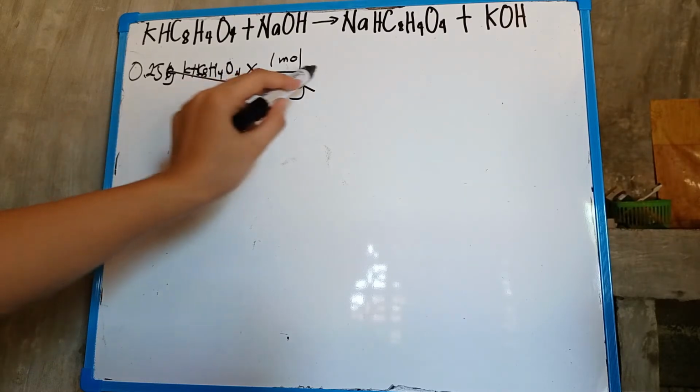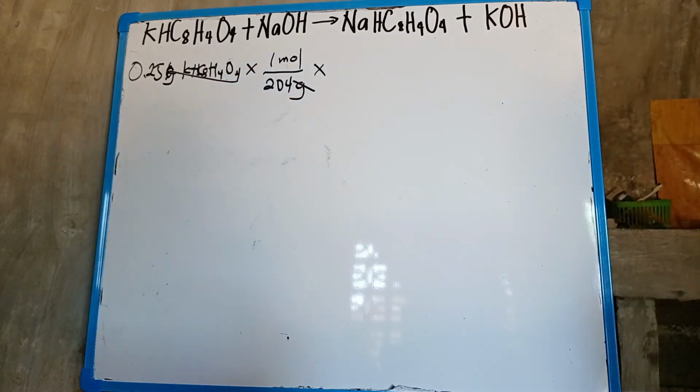Then after that, multiply again. Our second process is to get the number of moles using the mole to mole relationship.